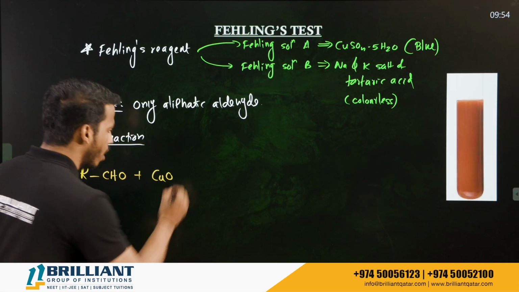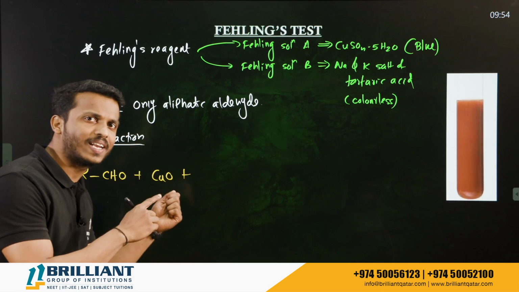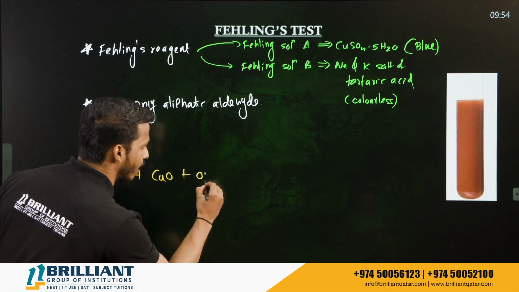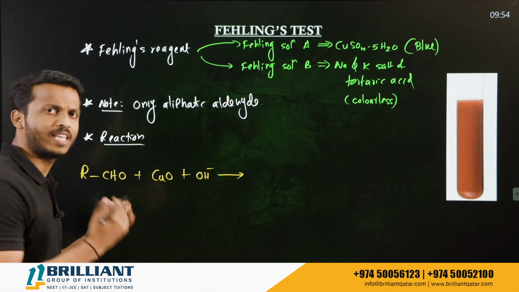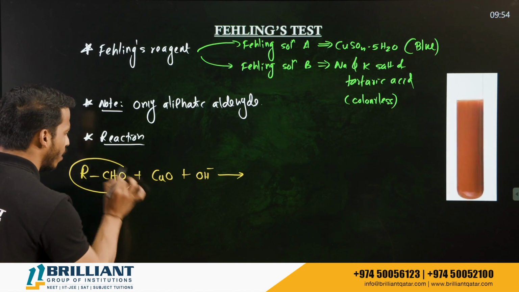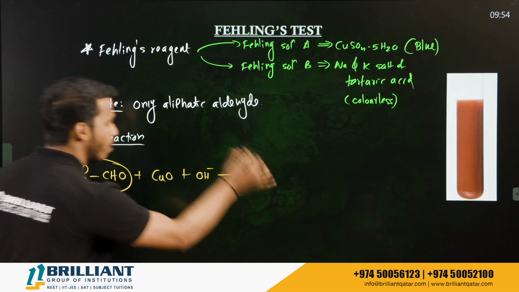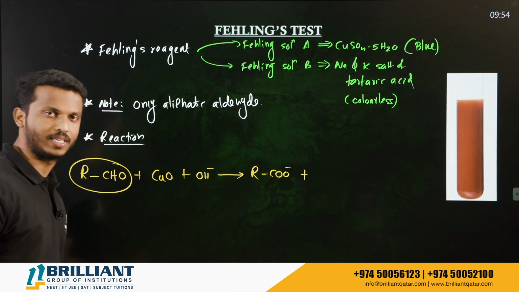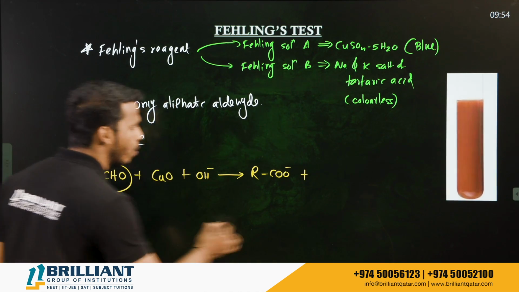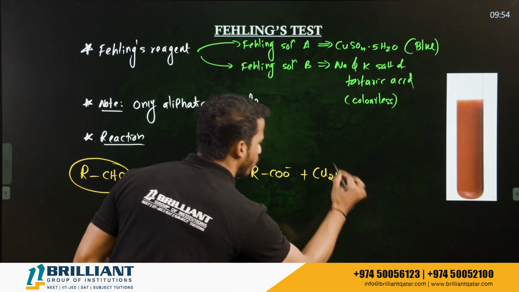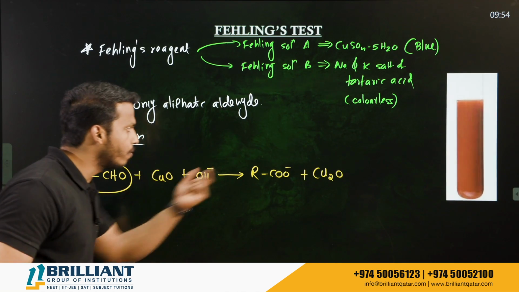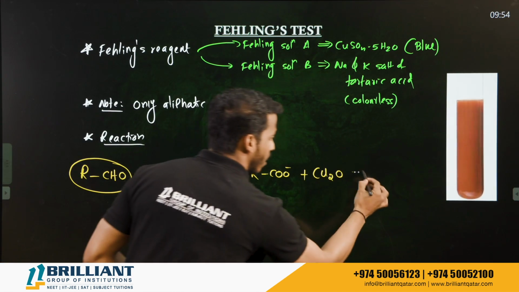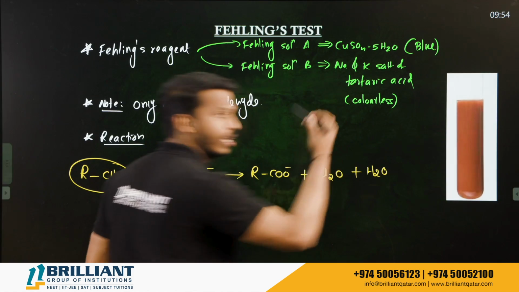Okay, CuO with OH minus. Do you remember, in Tollens reagent we added OH minus, right? A base. In Fehling's reaction also we need OH minus. Then what happened? Same reaction, dear all. The aldehyde oxidizes to carboxylic acid, plus CuO is converted to Cu2O, cuprous oxide, with the byproduct water.